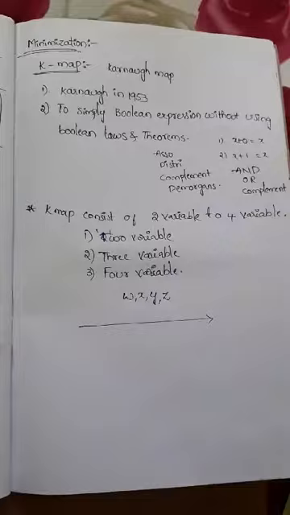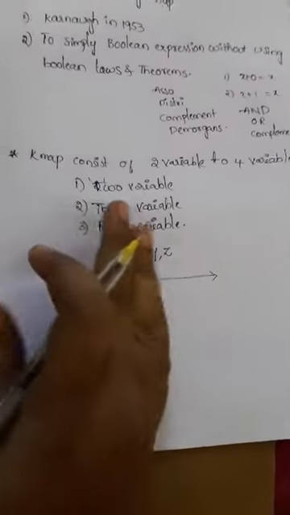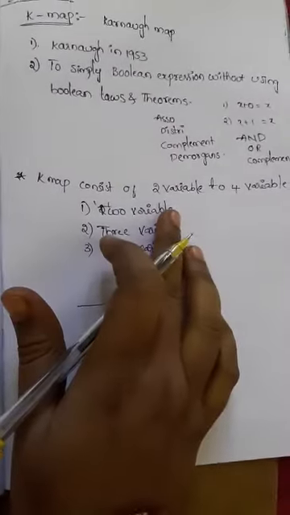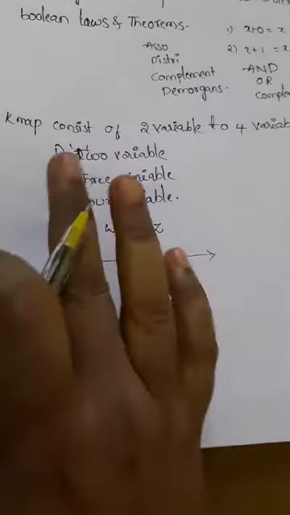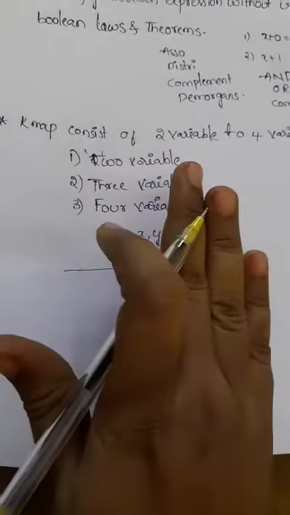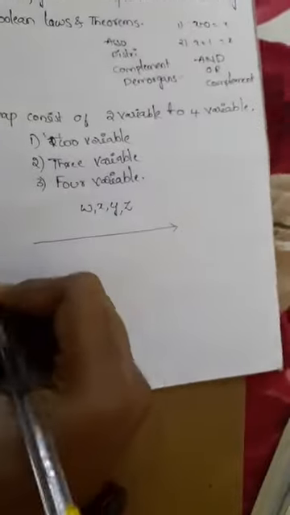Now we'll go for the first one, that is the 2 variable K-map.